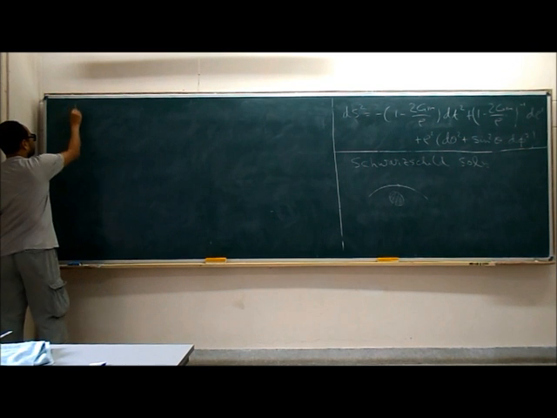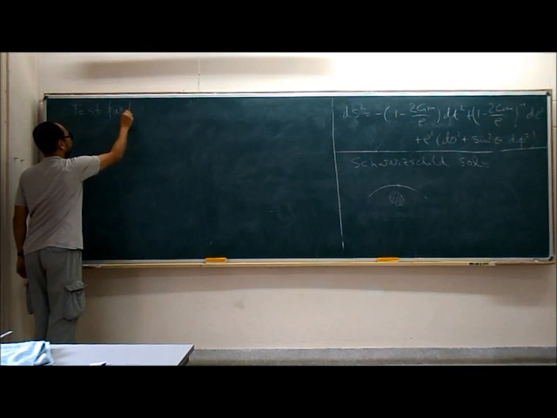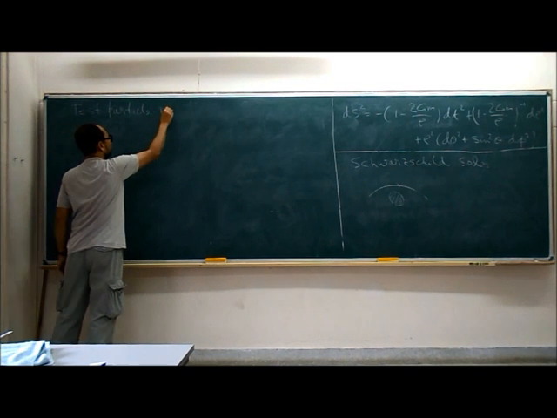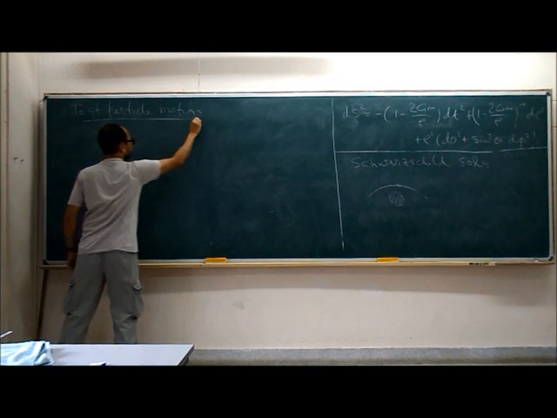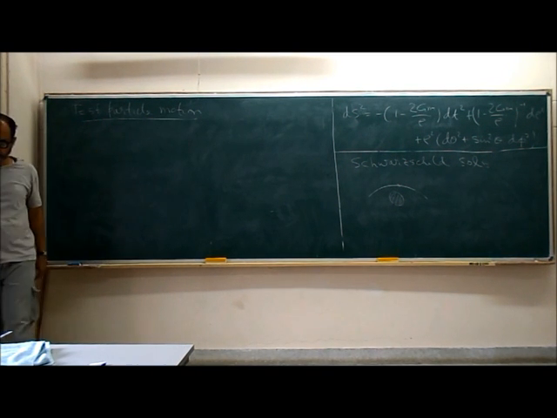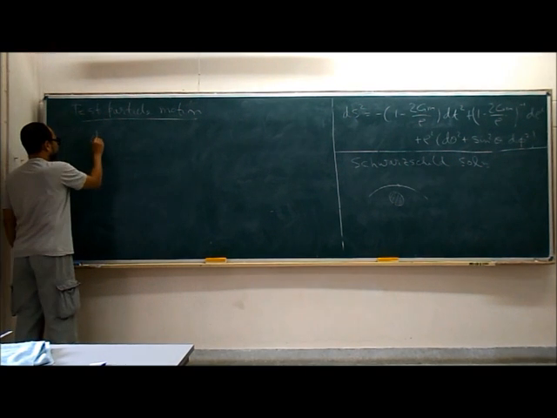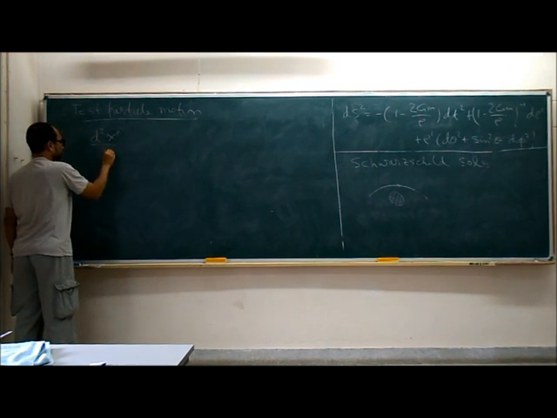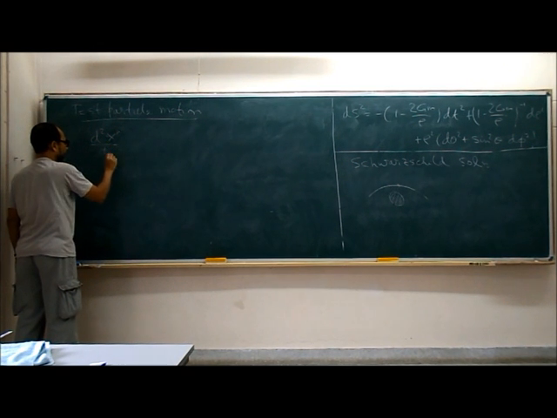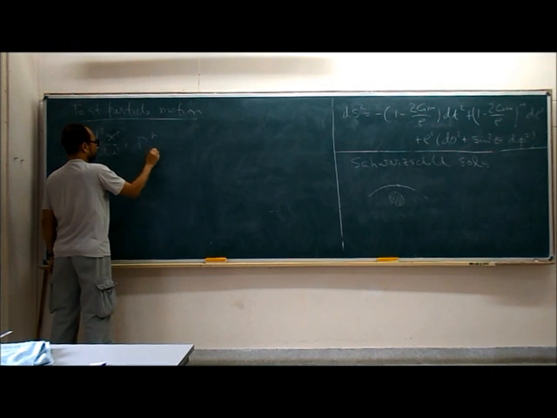Test particle motion in the background. So that, of course, we know what it is. The geodesic equation is d²x^μ over dτ² plus Γ^μ_{νσ} times dx^ν/dτ times dx^σ/dτ equals zero.